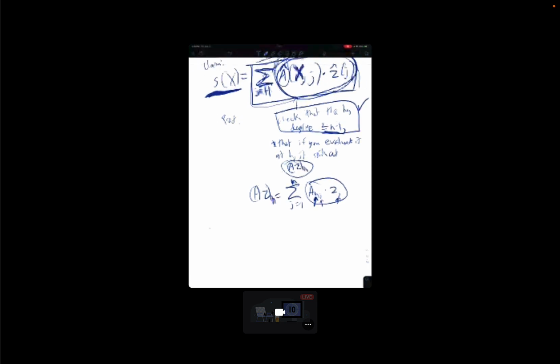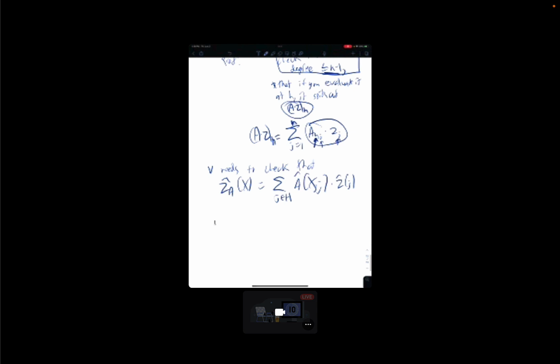So the verifier needs to check, by the reasoning above, that ZA hat of X equals this right-hand side, the sum over J of A hat of X comma J times Z hat of J. So it's going to pick a random R from the field and just check the equality at R. So confirm that ZA hat of R equals the sum over J in the nth roots of unity of A hat of R comma J times Z hat of J.